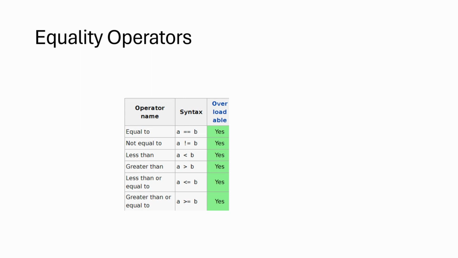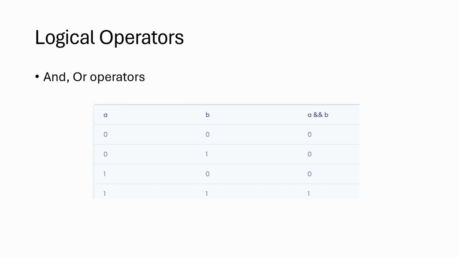The other set of operators is the AND and OR operators, the logical operators. If you get true and false, zero is false, one is true. In binary, true is represented as one and false as zero.